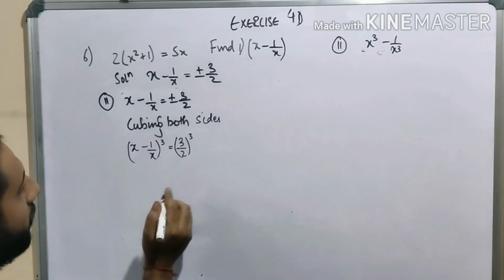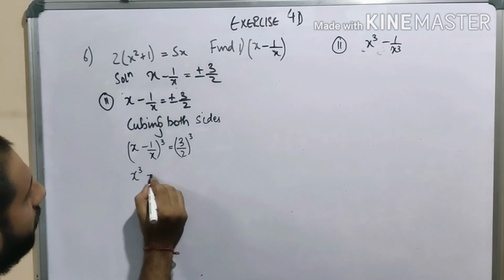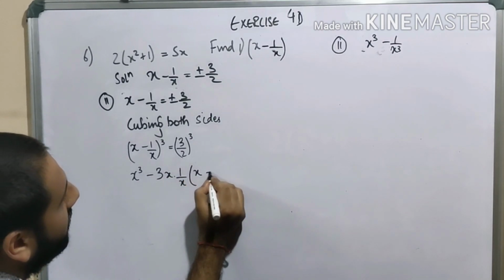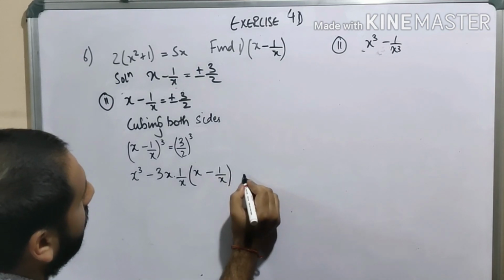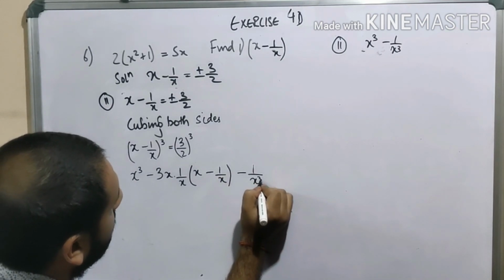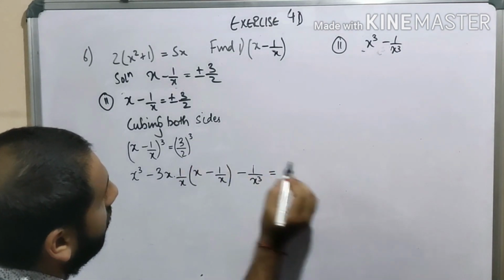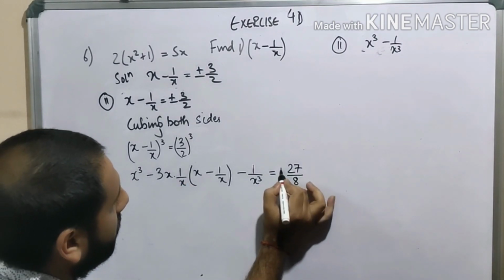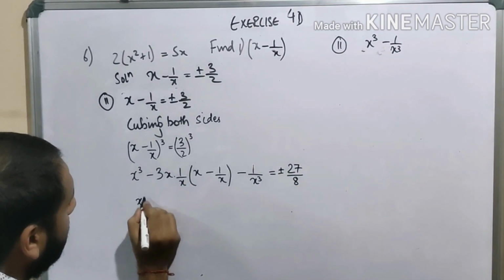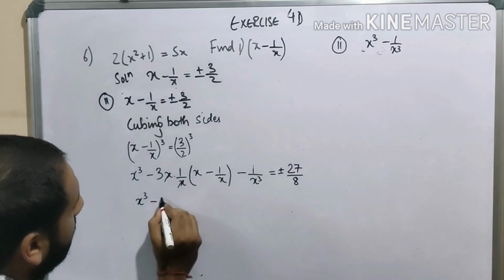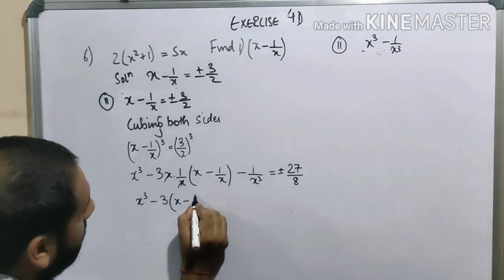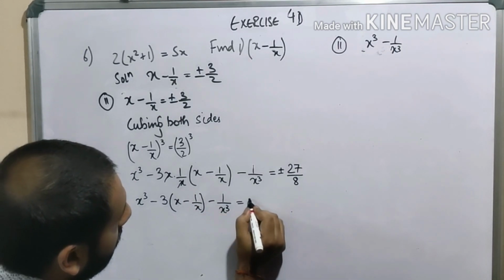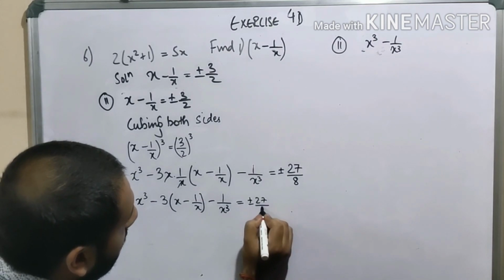Now we'll put this into the formula: a cubed minus b cubed minus 3ab into a minus b is equal to 3 cubed is 27 divided by 8. So this is plus minus. Now we've got x cubed minus 3 into x minus 1 by x minus 1 by x cubed is equal to plus minus 27 by 8.